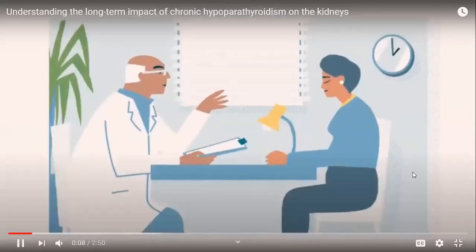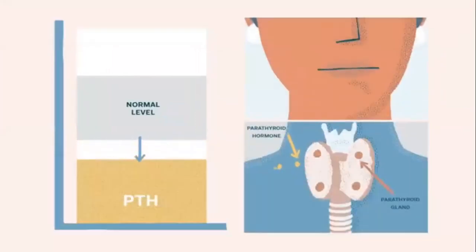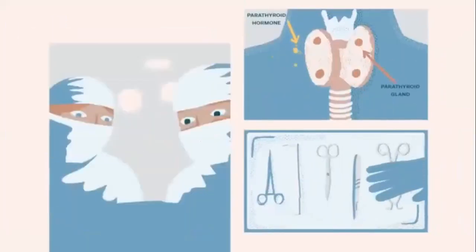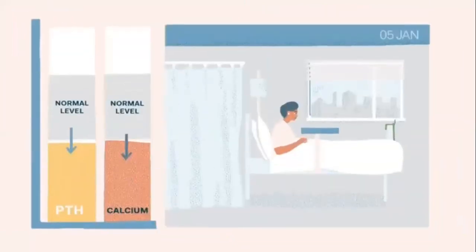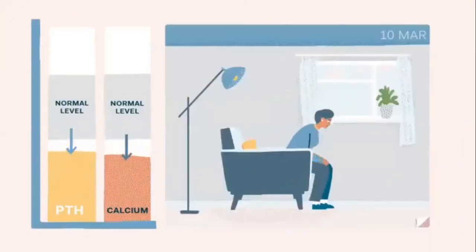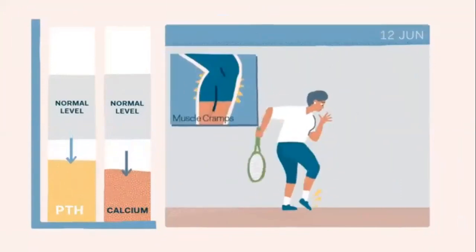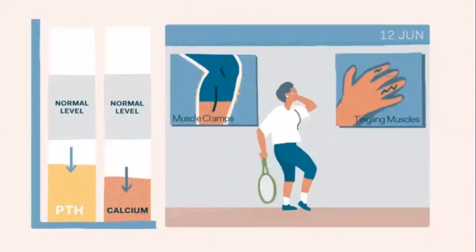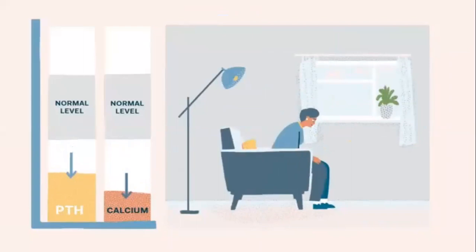Hypoparathyroidism is a rare endocrine disease that occurs when low or inadequate levels of parathyroid hormone, or PTH, are secreted by the parathyroid glands in the neck. The most common cause is injury to the parathyroid glands during neck or thyroid surgery. The condition is considered chronic when low levels of calcium and PTH persist for at least 6 months after surgery. Symptoms can include fatigue, muscle cramps, tingling and twitching of muscles, brain fog, anxiety, and reduced quality of life.